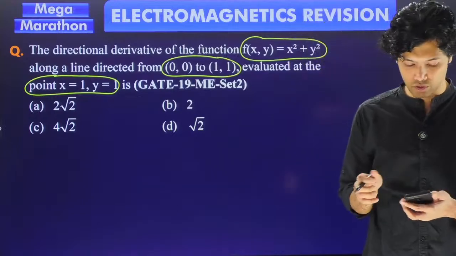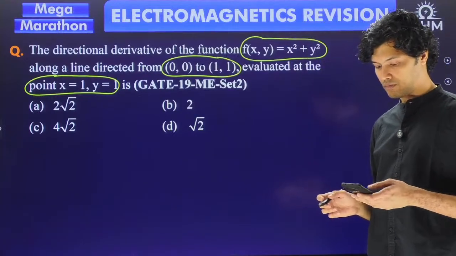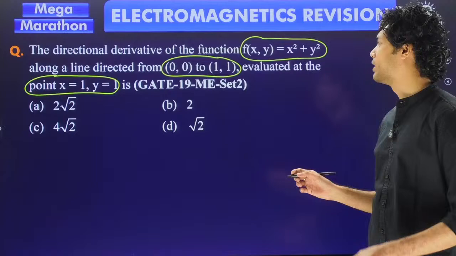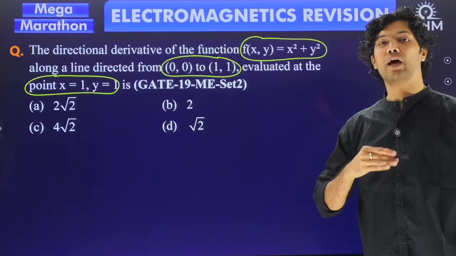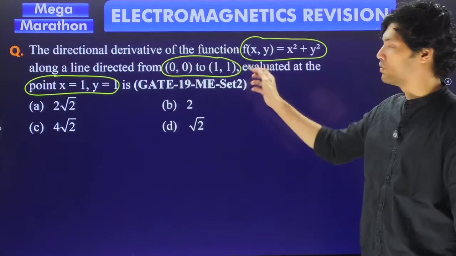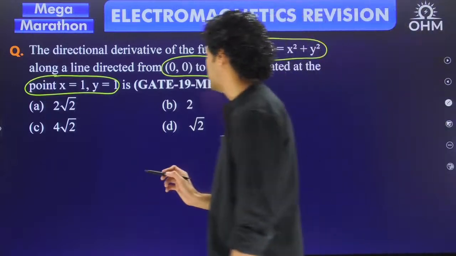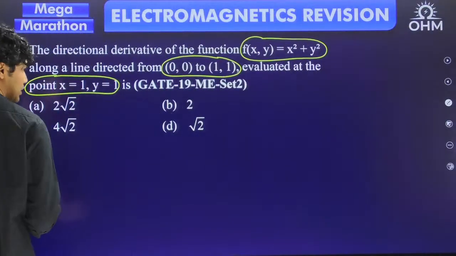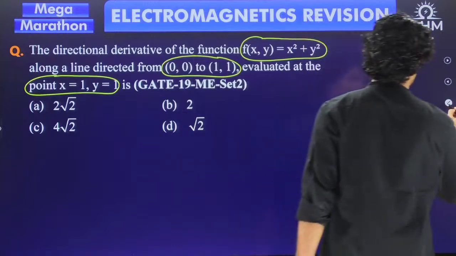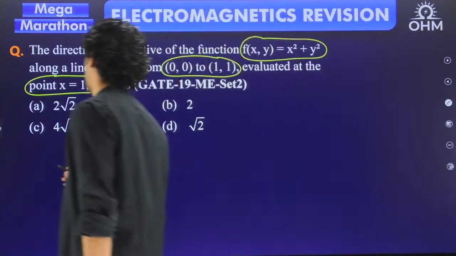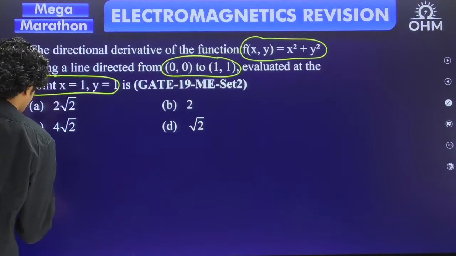So in this question, what are you supposed to do? The logic in this question is that you have to find out the direction vector directed from the first point to the second point.